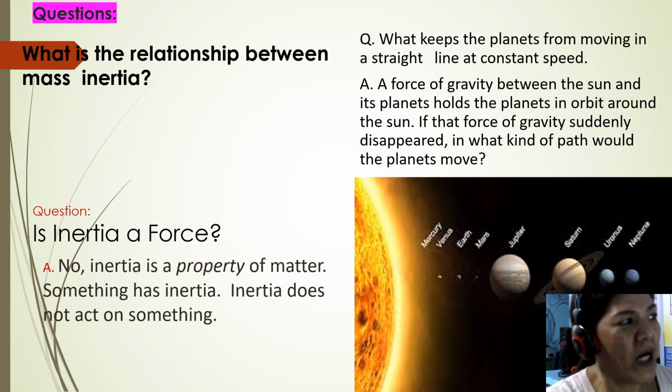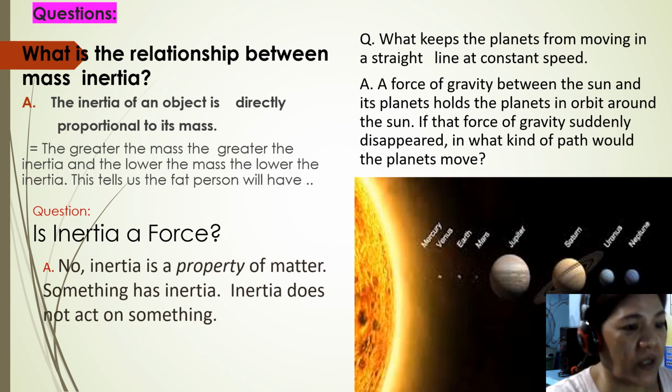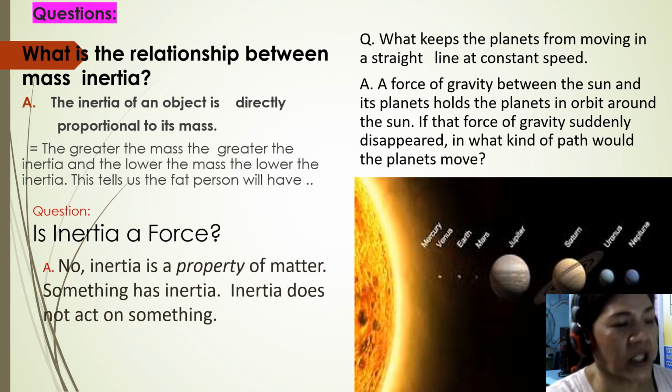Okay, now maybe we will ask, what is the relationship between mass and inertia? The inertia of an object is directly proportional to its mass. Or the greater the mass, the greater the inertia.